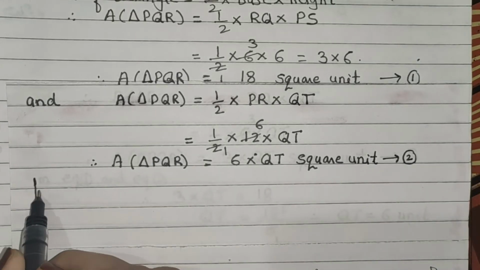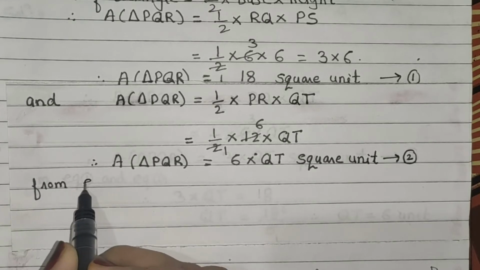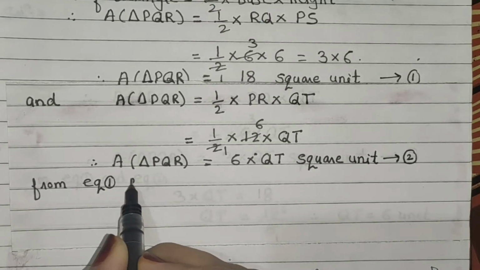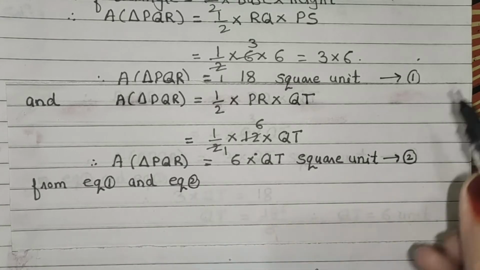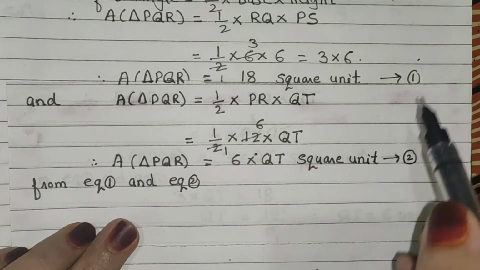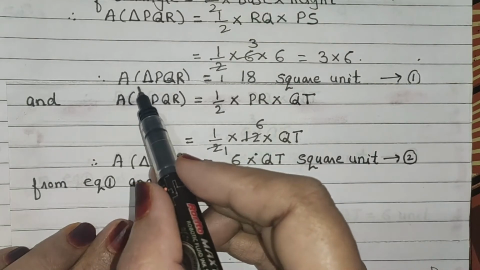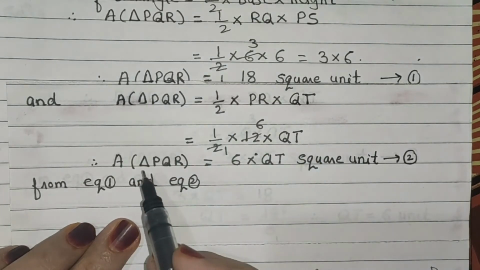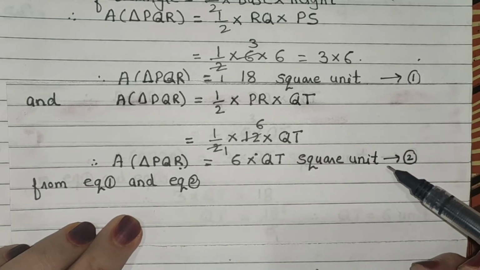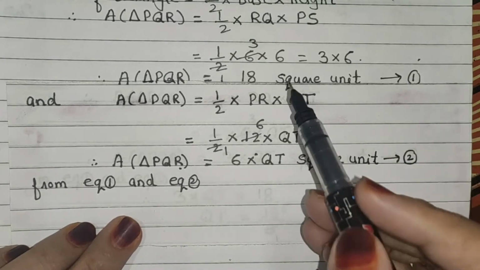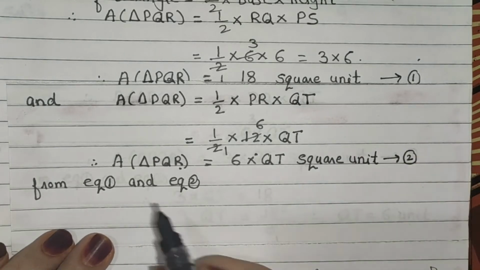Now from equation 1 and 2, look at both the equations. The left hand side is the area of triangle PQR, here also the area of triangle PQR. Both the equations contain the same left hand side, therefore the right hand side is also equal.